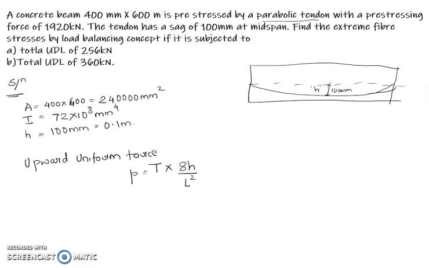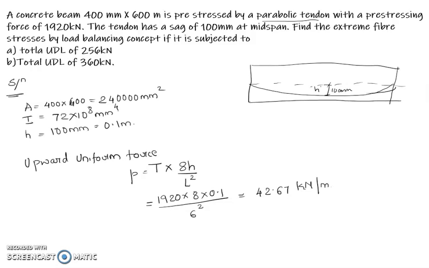We have derived this already, when we discussed what the load balancing concept is. So we will just substitute all the values here. T is 1920, H is 0.1. I'm using 0.1 because everything is in kilonewton and meters. L is 6, that is 6 square. So here we get 42.67 kilonewton per meter.